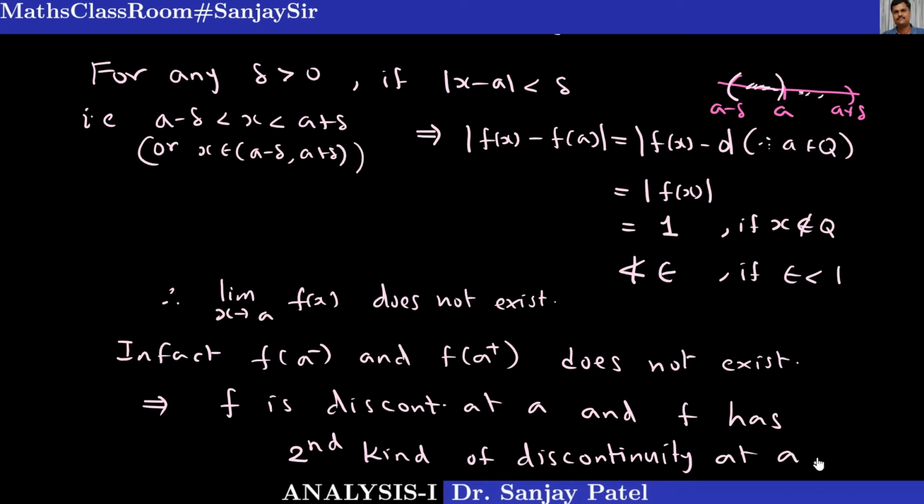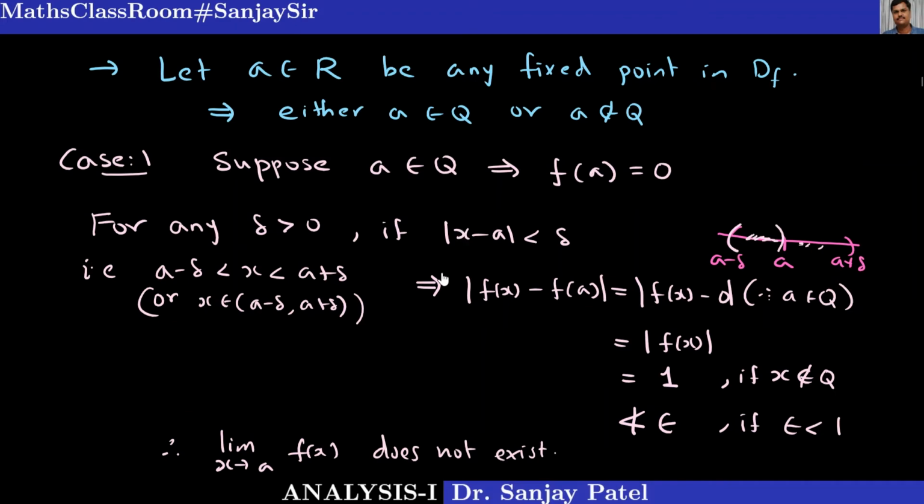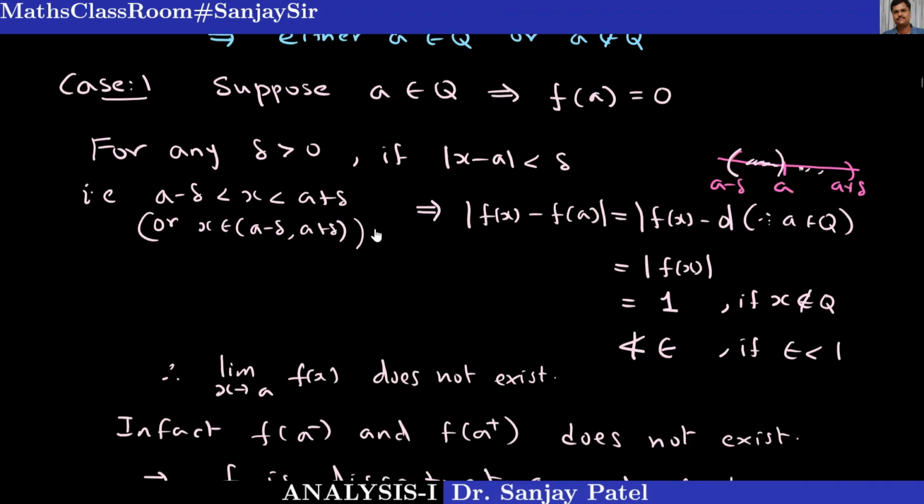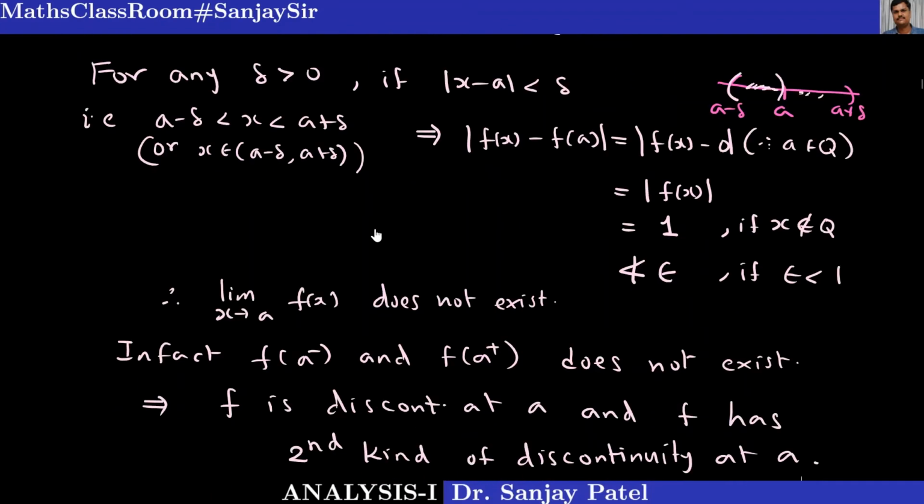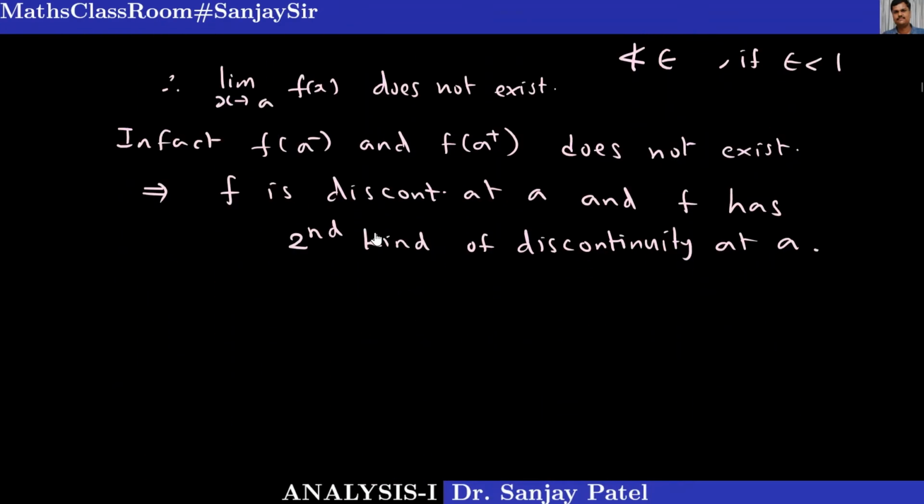Remember, we have taken only one case, that a is a rational number, and we have proved that for any rational number a, the function is not continuous and the discontinuity is of the second type.